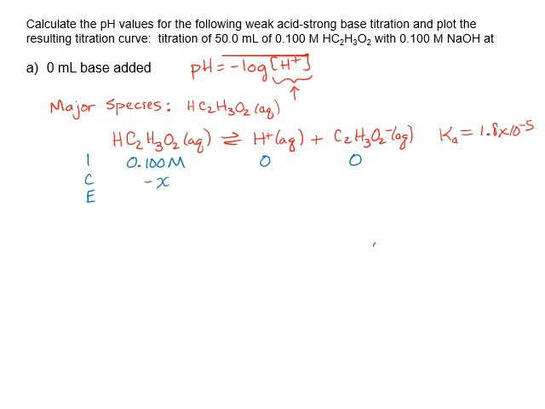For our change row, we'll have minus X and plus X, giving us equilibrium concentrations for the acetic acid of 0.1 minus X and X for the H+ and the acetate. Our Ka expression will be the product concentrations over the reactant concentrations.